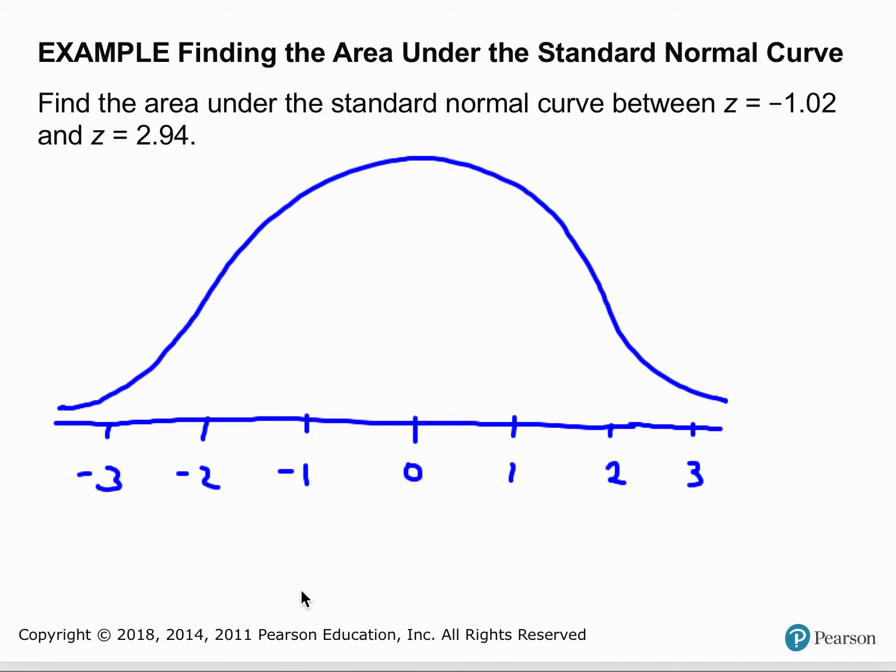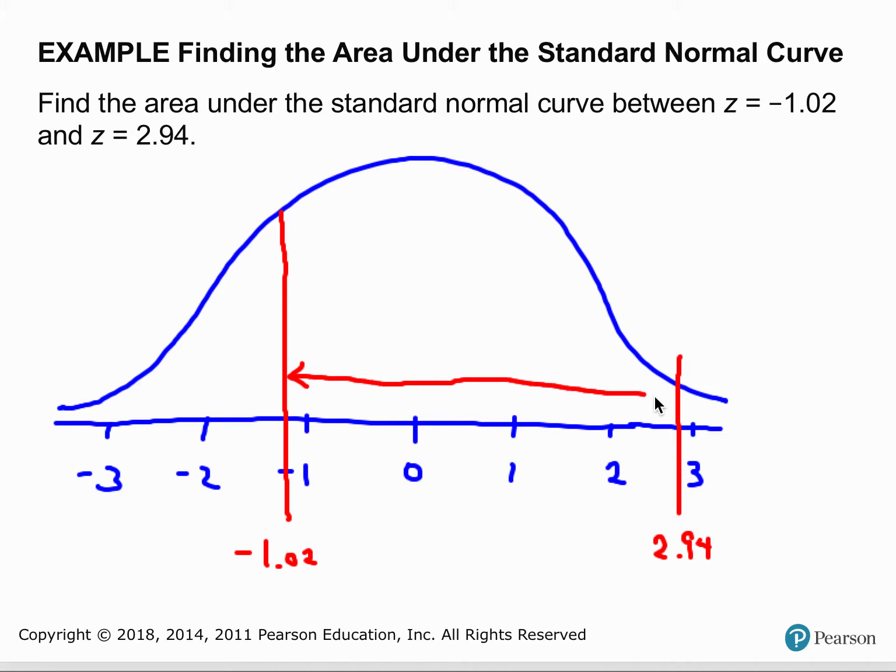And it wants us between z is negative 1.02, so that's like right here, and 2.94, so that's like right here. And we want this area right here. Right? That's what we need.